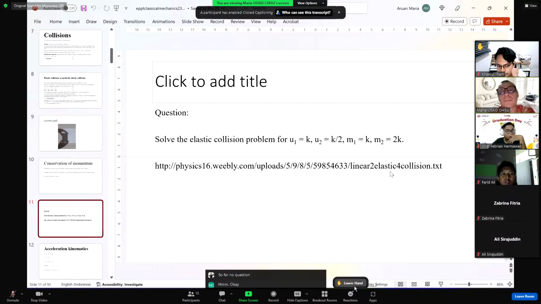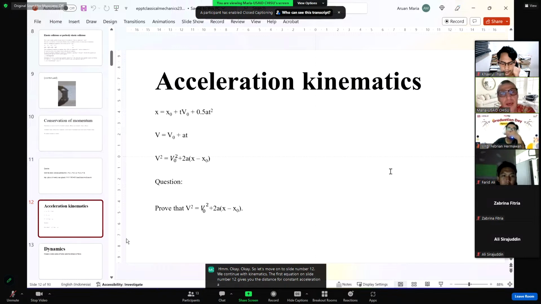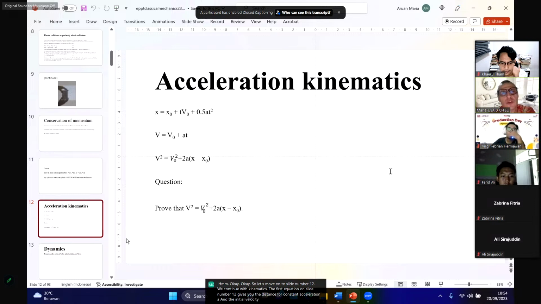Okay, so let's move on to slide number 12. We continue with kinematics. The first equation on slide number 12 gives you the distance for constant acceleration a and initial velocity v naught and initial distance x naught at any time t.